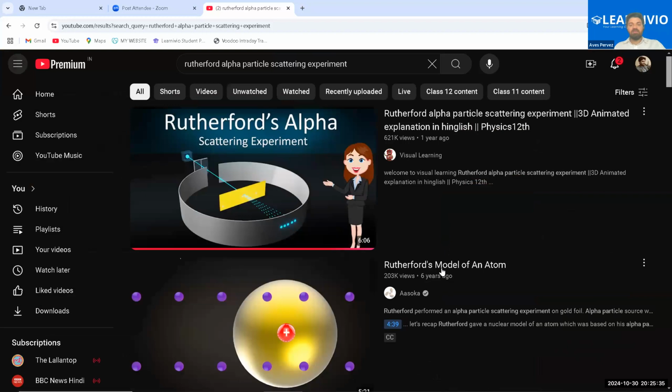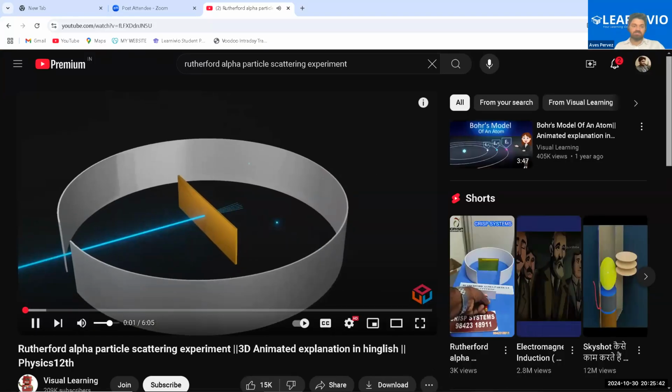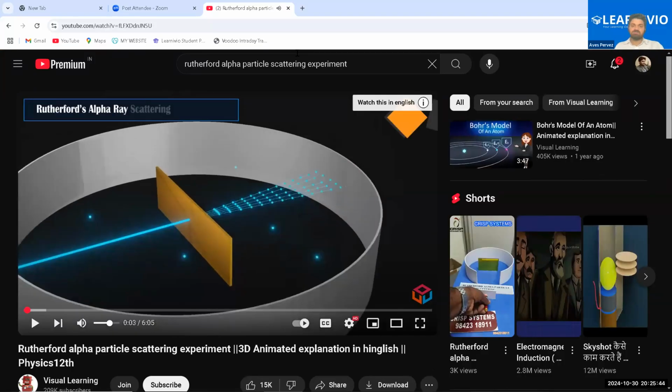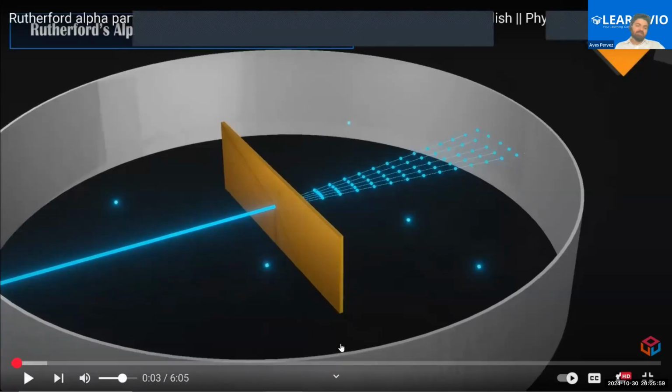And he found that this is the Rutherford experiment.